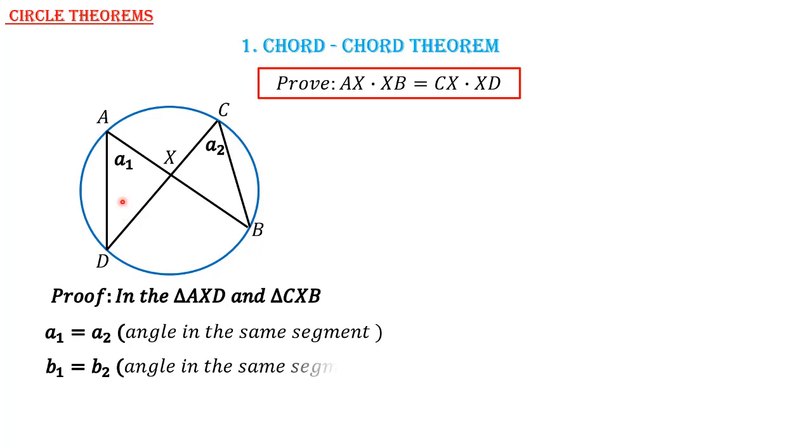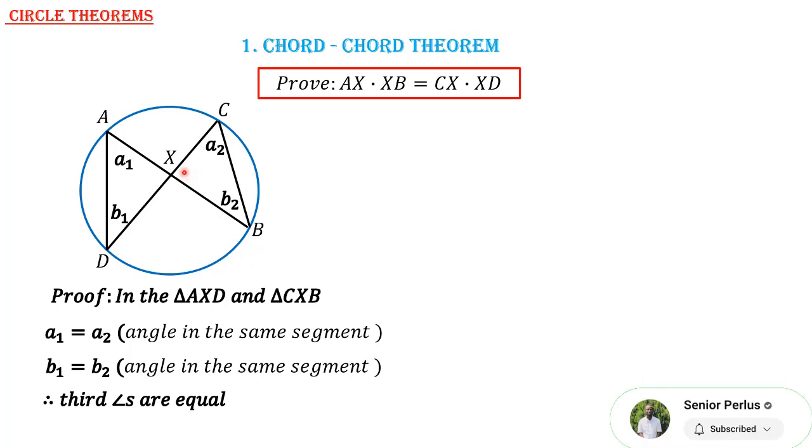So let's make this angle B1 and B2, right? So the angles in the same segment are equal. That's our theorem, right? So the third angles are equal. If this one is equal, we are saying that therefore these angles are equal.